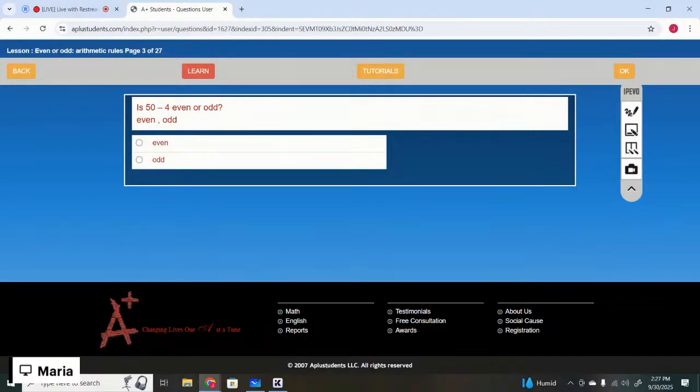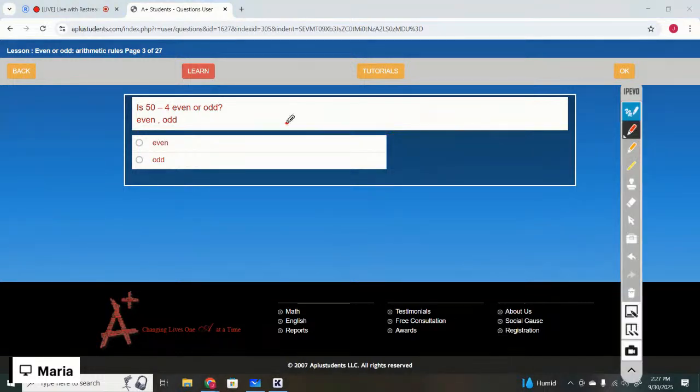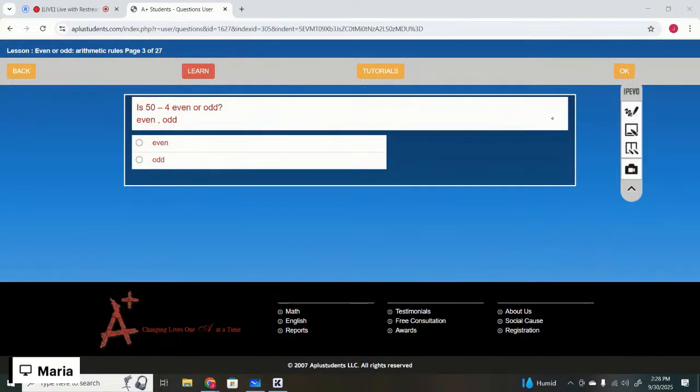Is 50 minus 4 even or odd? So you are subtracting two even numbers. So the answer is always even. So subtracting two even numbers is always even. Option number one is the correct option.